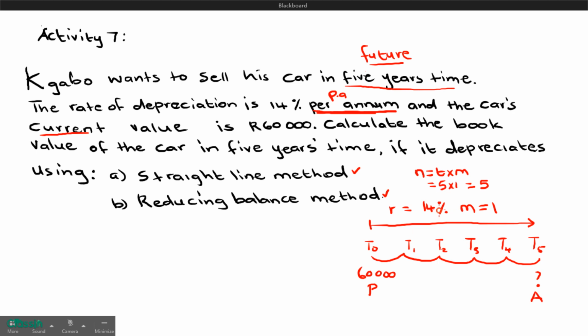So this information is very important because it will help you. But again, because they say a straight line method, if you check on the first video, Financial Mathematics Part 1, I made mention of a straight line method.